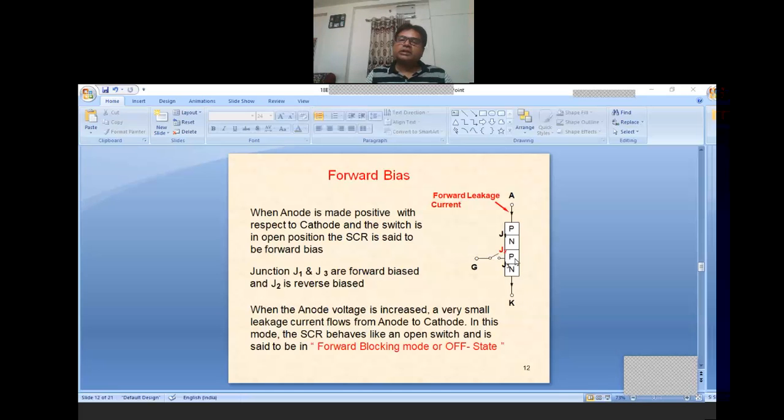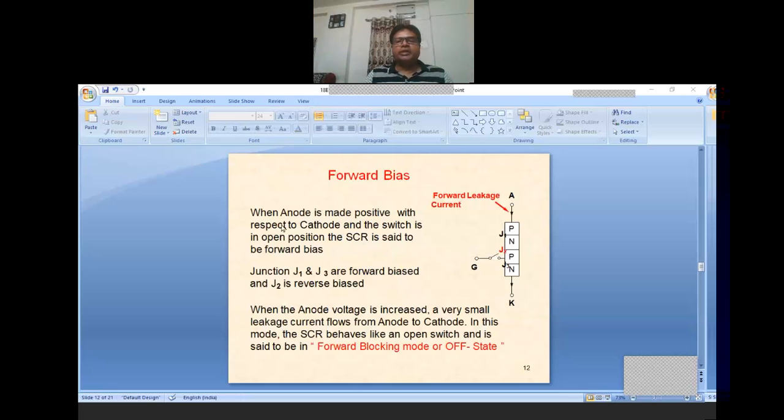Contrary to that, the holes which are the majority carriers available inside the inner P layer try to enter junction J3 because they get attracted by the negative terminal, and eventually the junction J3 will also decrease in its width, just like the case of J1.